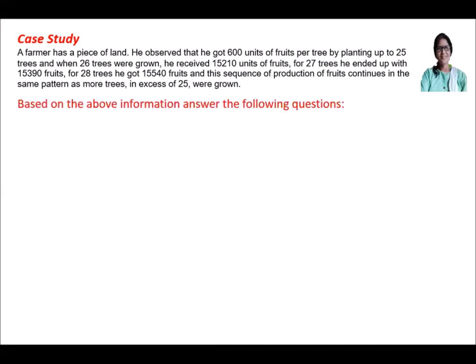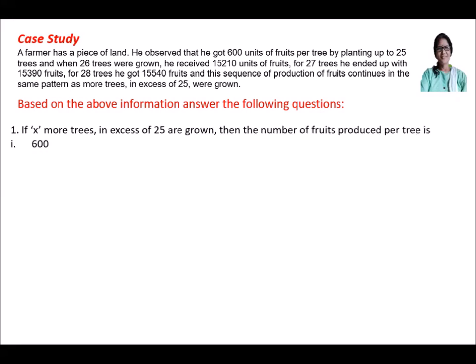So based on this, you have to answer some questions. 5 parts are there. Question 1, if x is more number of trees, the excess of 25 are grown, then the number of fruits produced per tree is 600 minus 15x, 600 plus 15x, 600x minus 15, 600x plus 15.